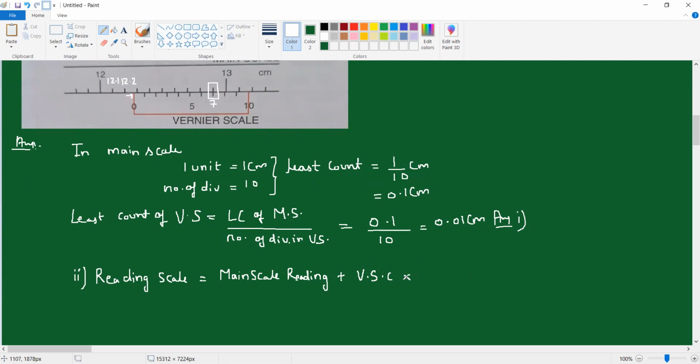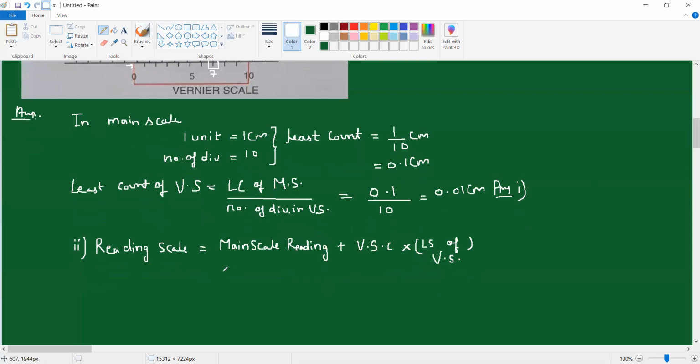Clear? Multiplied by least count of vernier scale. So main scale reading is 12.2, 7th division is coinciding, multiplied by 0.01. These many centimeters will be the answer.